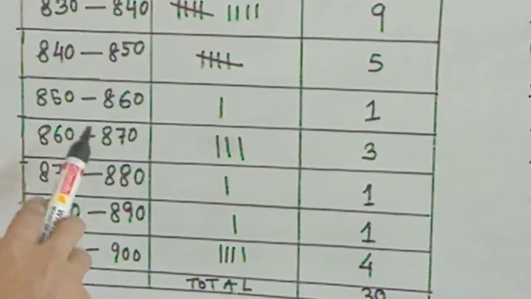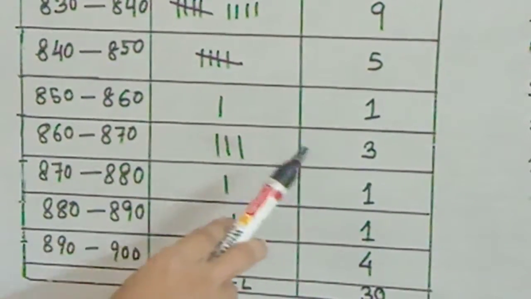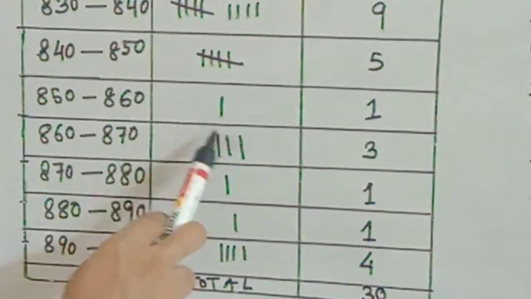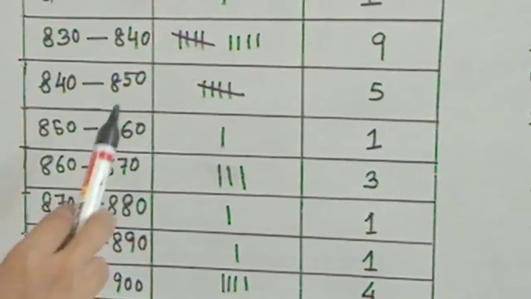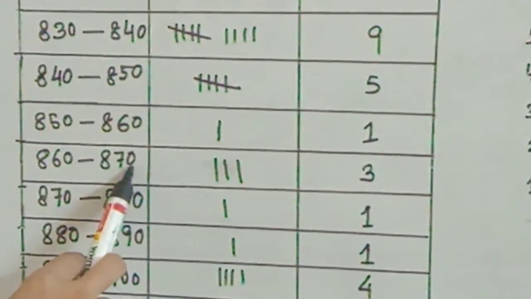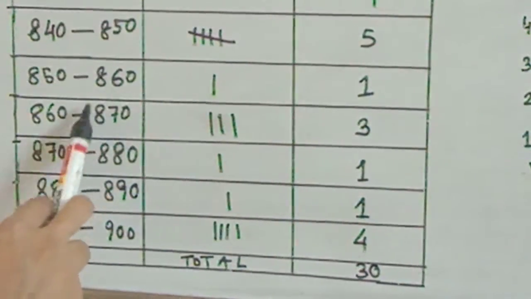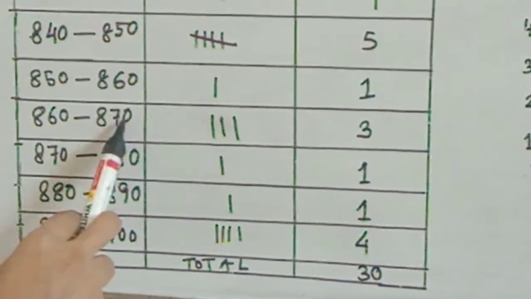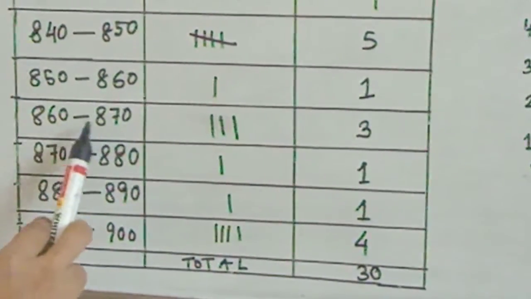In this way you have to find the frequencies carefully, and you will find all the frequencies in this range. Keep in mind that the upper limit you will not take, and for the lower class, the number before 870, such as 869, you can take here.